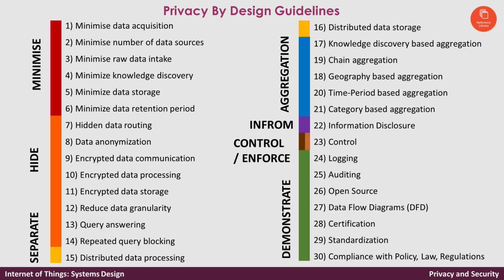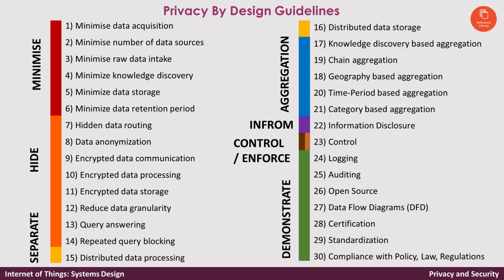This is quite a dense slide, which I'm not going to discuss in detail. But what you are seeing here is that 1 to 30 are privacy by design guidelines. And these color-coded categories are the strategies, the privacy by design strategies.